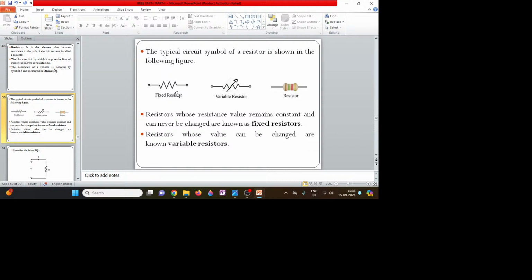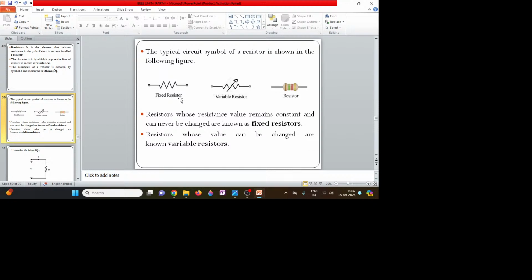Resistor is an element, whereas resistance is the property of a resistor. Resistance means it is resisting the flow of current. If any conductor has resistance, that means it is resisting the flow of current. It is not allowing the current to flow, so it opposes the flow of current.